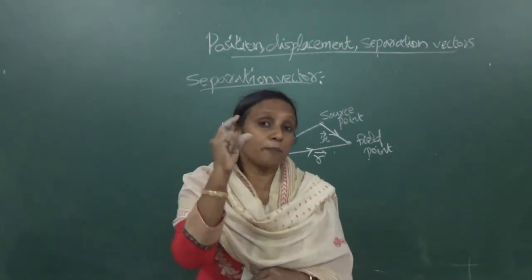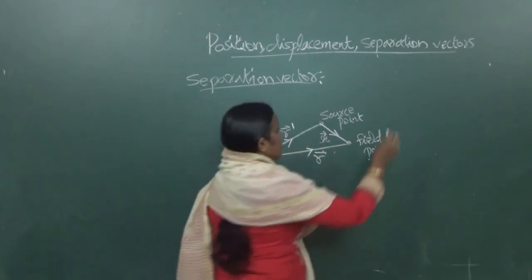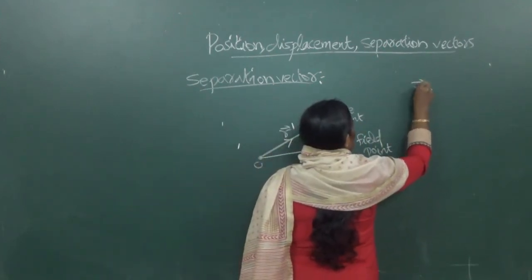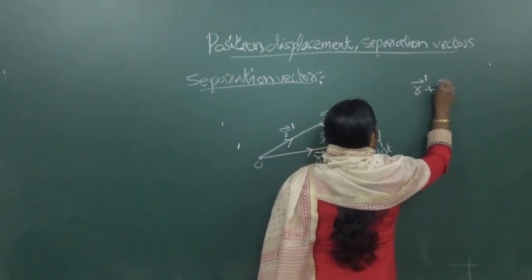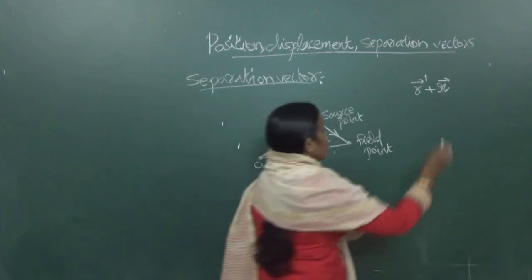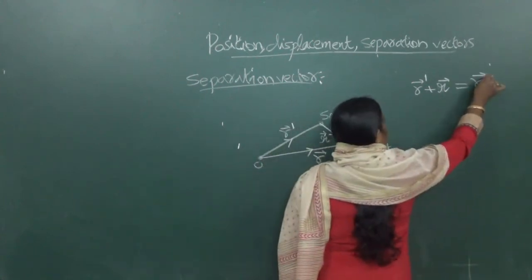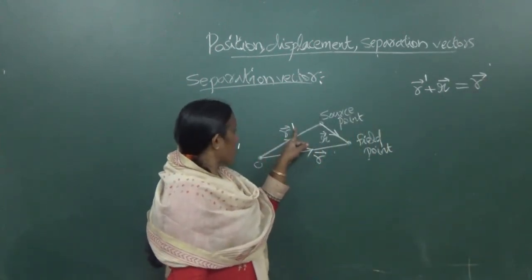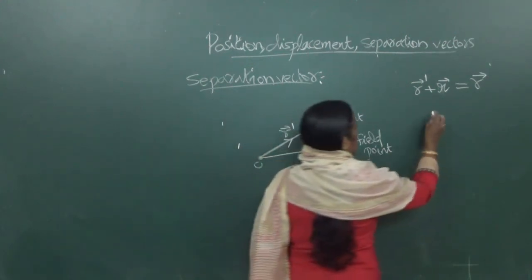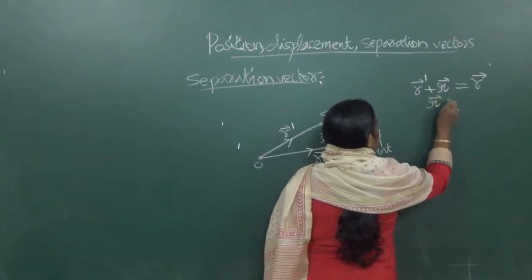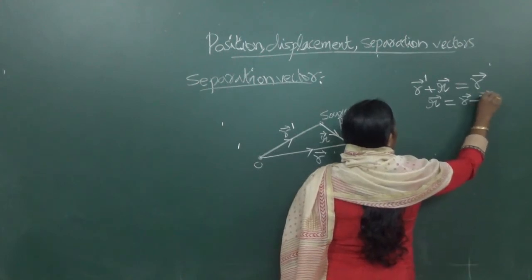It is called a separation vector. Why? We can just apply vector addition here. From this diagram you can see that vector r prime plus script r gives you vector r. So what is script r? Script r is equal to vector r minus r prime.